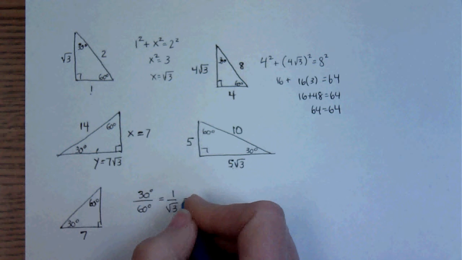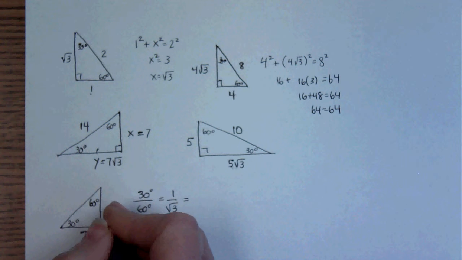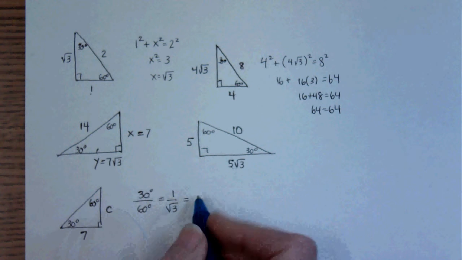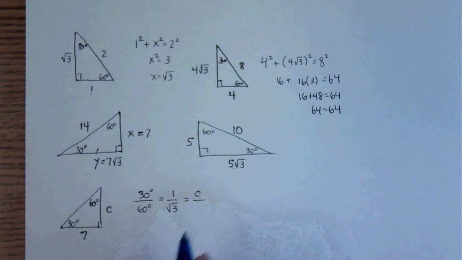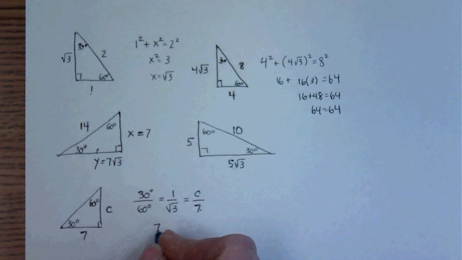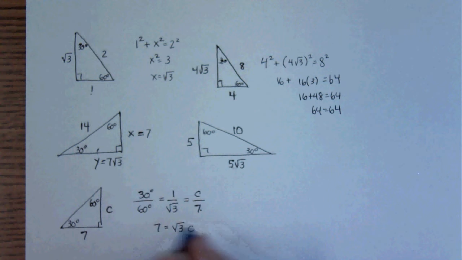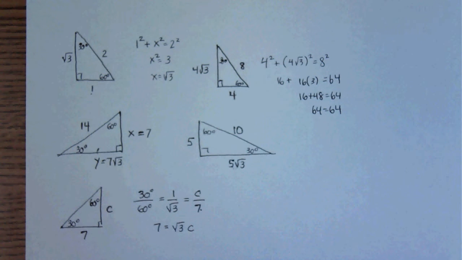And in our picture, we don't know what the side across from the 30 is. I'm just going to call it C. The side across from the 60 is 7, and here we've set up this ratio, and if I cross multiply, 7 times 1 is 7, and the square root of 3 times C, and our job is to figure out what C is.